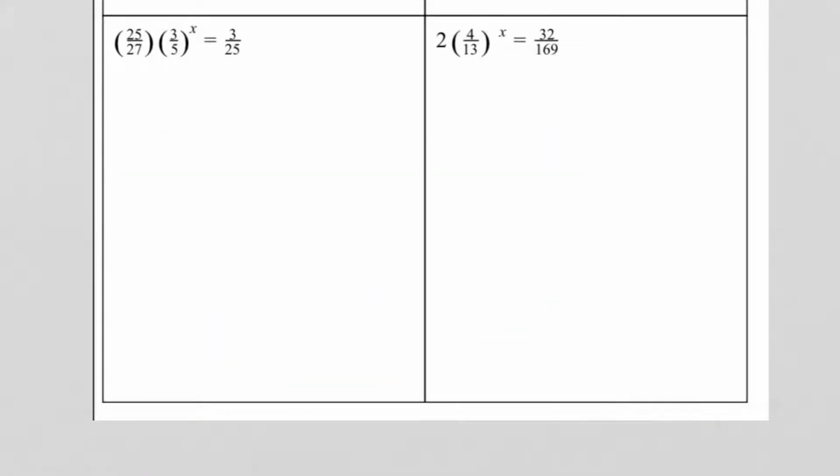These next examples, it's multiplied by 25 over 27, divide by 25 over 27. It's the same as multiplying by its reciprocal. Then 25 times 25, 625.